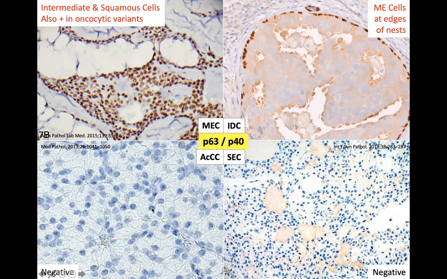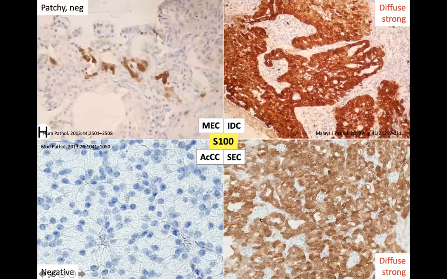However, acinic cell and secretory are both completely negative for P63, P40, so that's going to be helpful. S100 as well can be discriminatory in the fact of it's diffusely strongly positive in both intraductal carcinoma as well as secretory carcinoma. So S100 is kind of patchy or negative in mucoep and certainly negative in acinic cell.